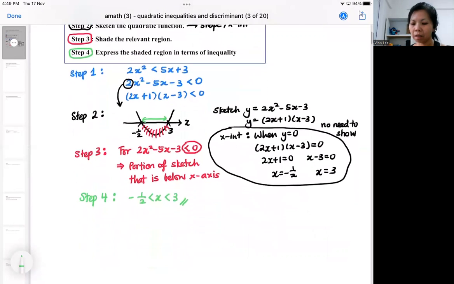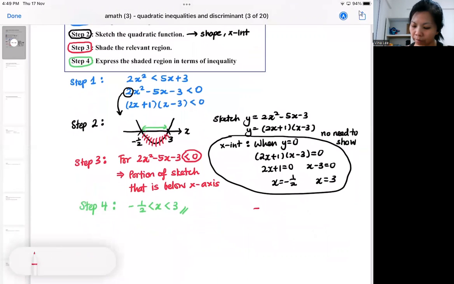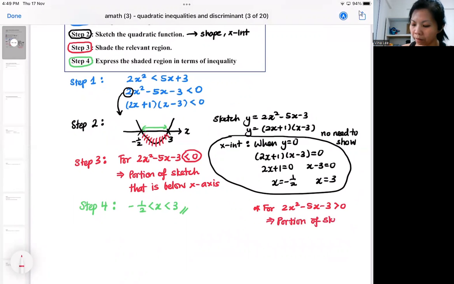Let's say we change the question. What if it is this part greater than 0? When it is greater than 0, we want the portion of the sketch that is above the x-axis.